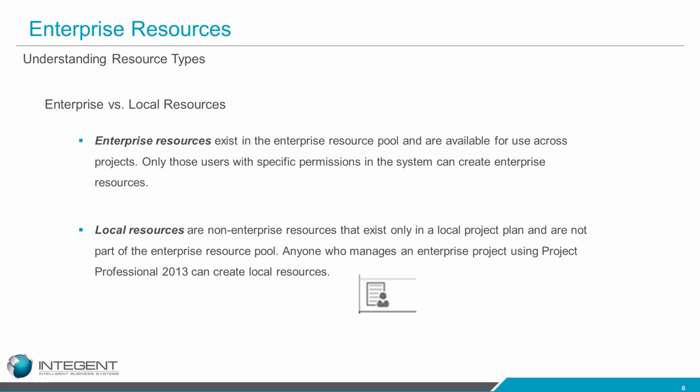So that would be an example of why you would want to use them. However, again, local resources don't receive task updates or alerts. They don't receive that task on a timesheet. Project Online and Project Server do not recognize them as enterprise resources, so they're only visible in your project plan.